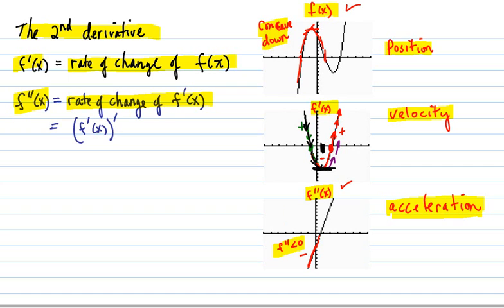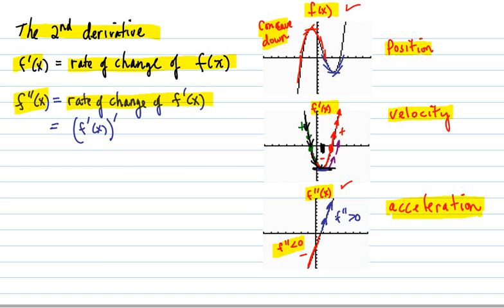Then you have a turning point of the f prime, which means that all of a sudden the original graph was decreasing, but it's decreasing by less and less, creating a concave up look to it, corresponding to f double prime being greater than 0.